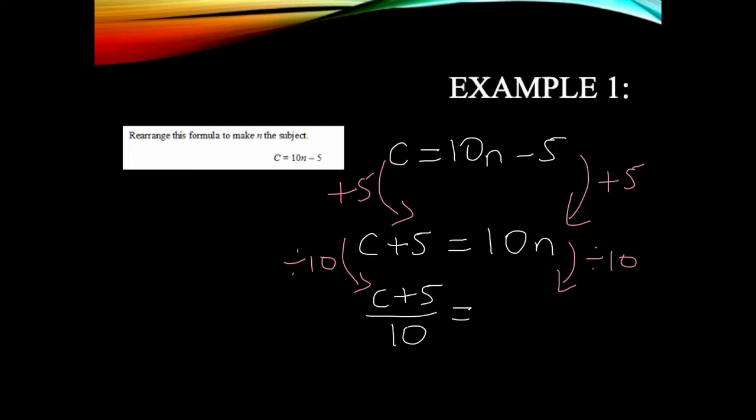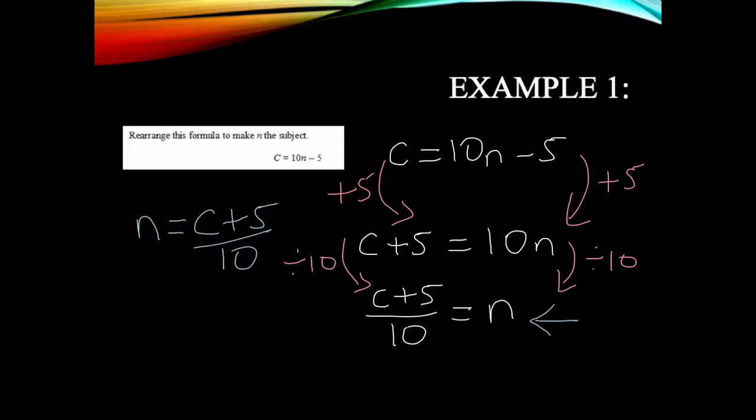And this equals, on this side, n. Now, I've actually, at this point, finished. I've got n by itself. But just for neatness, I might now rearrange it again, just to put n at the other side. So, if c plus 5 over 10 is n, then n is also c plus 5 over 10.